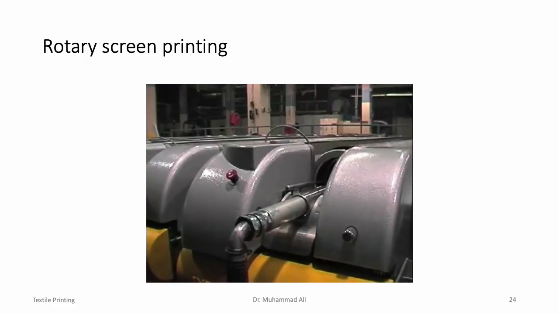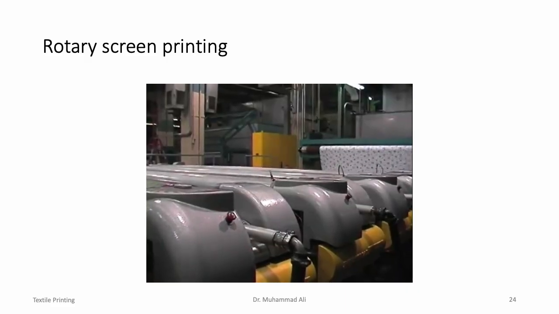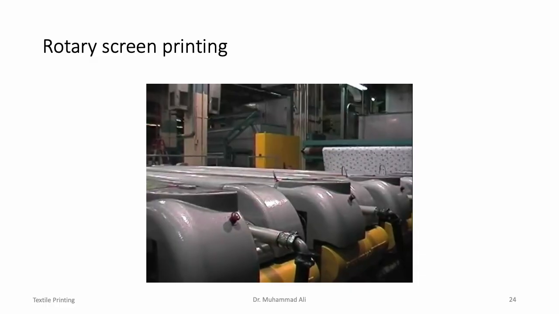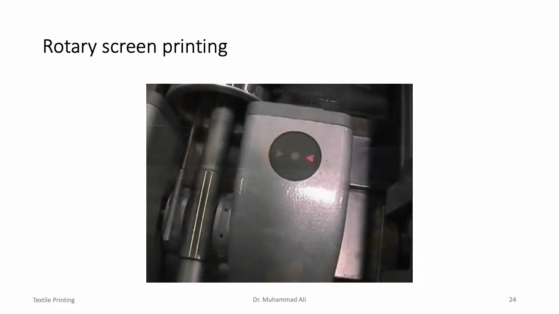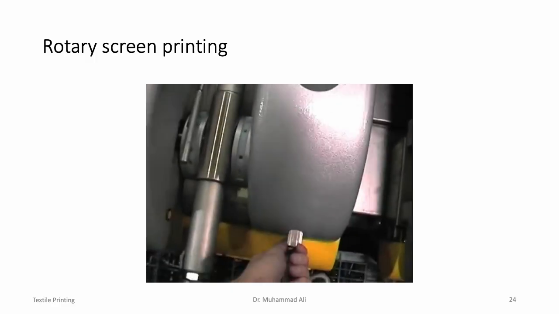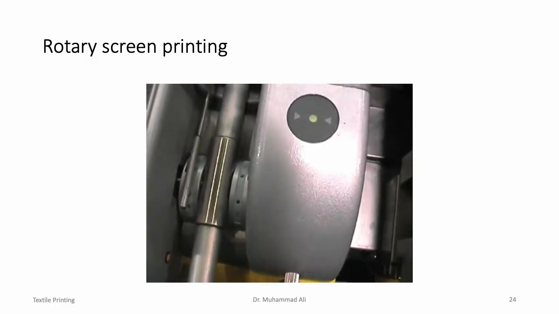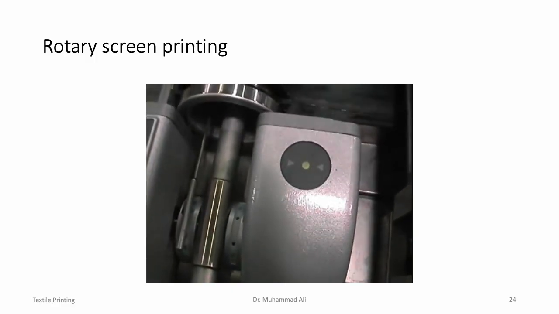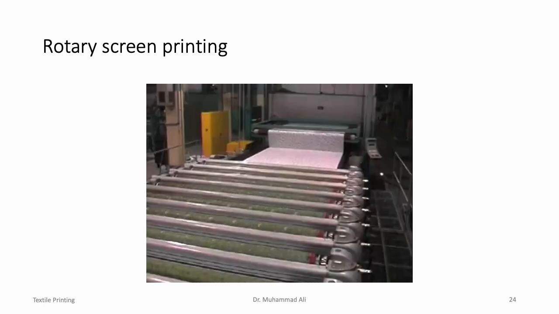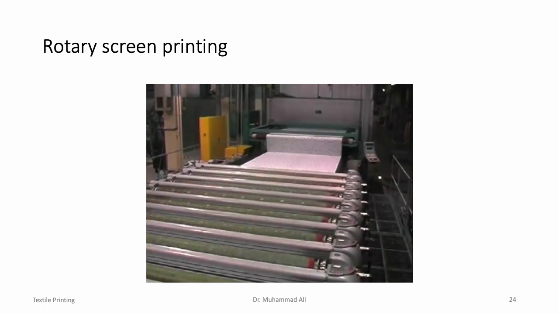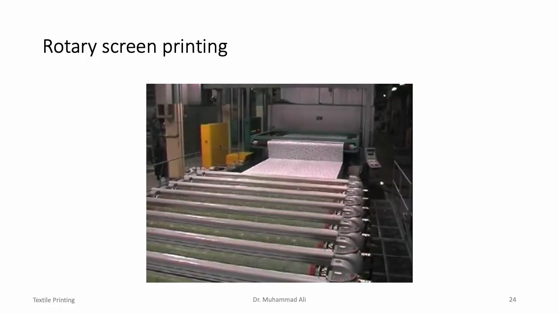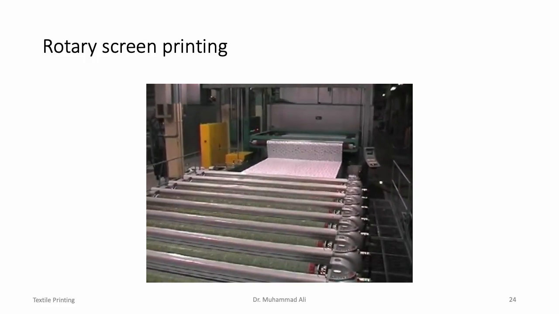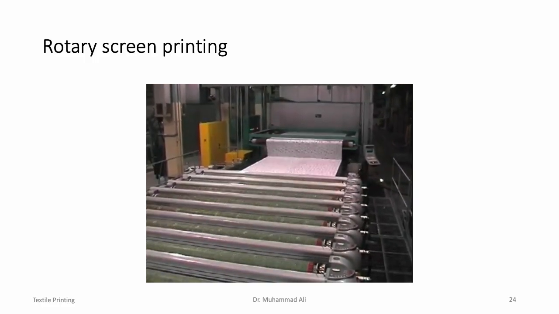Because the machine consumes large amounts of ink, and that's because it's printing fabric at a very high speed, every screen is connected to an automated color dosing system. We can adjust different parameters on the print head, such as printing pressure, positioning of the screen. So modern rotary printing machines actually allow us to print at really very high speeds while achieving a high quality of print.